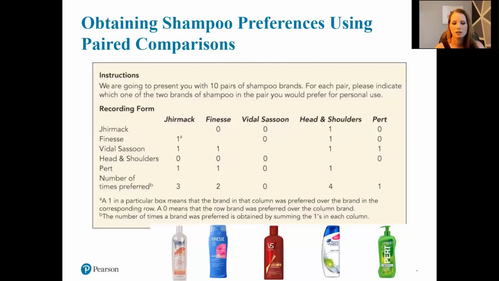So let's look at an example. In this case, we are looking at shampoo brands. We would give some instructions to the person taking the survey and say, we're going to present you with 10 pairs of shampoo bottles. For each pair, please pick which one of the two brands you would prefer to use for personal use.